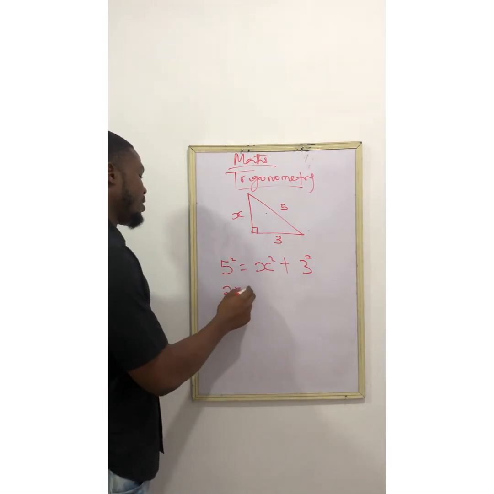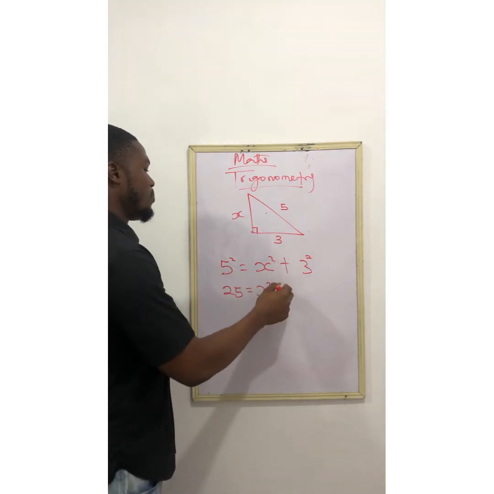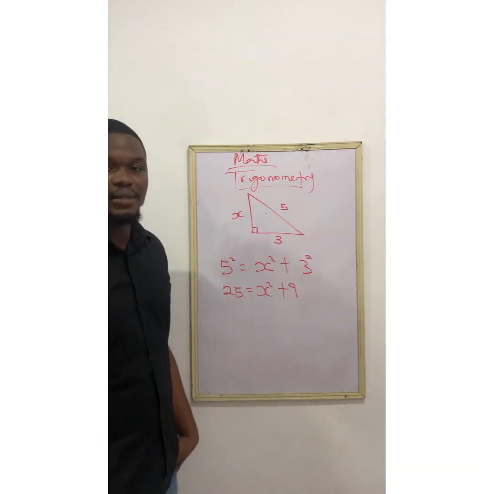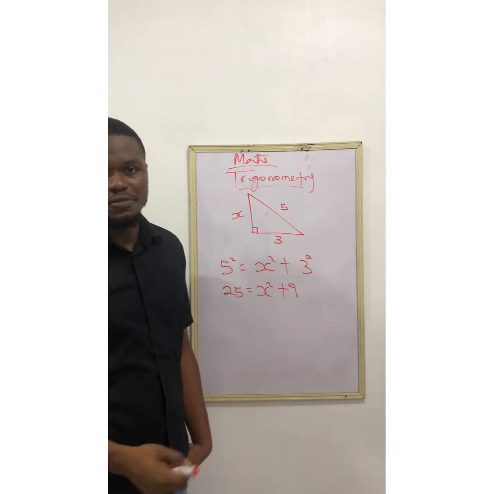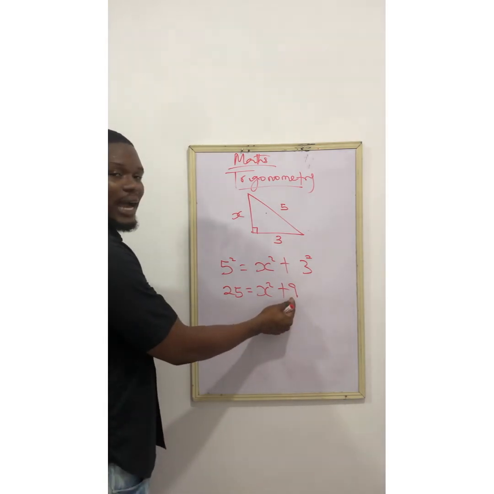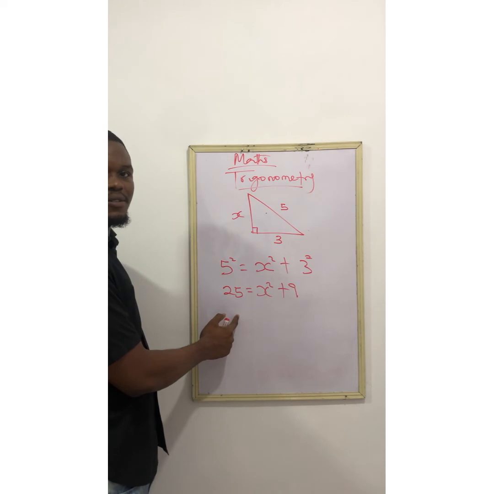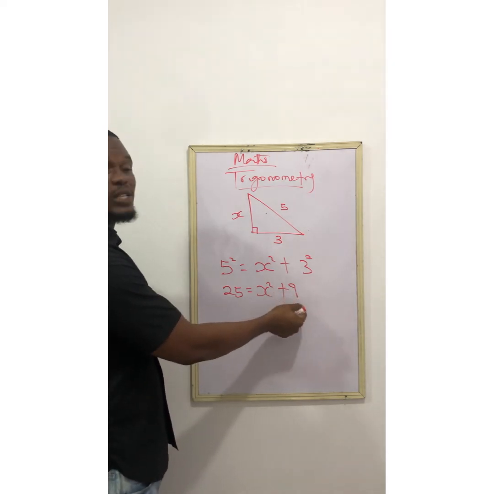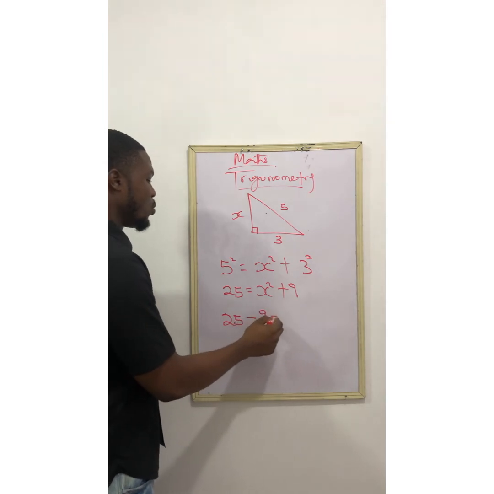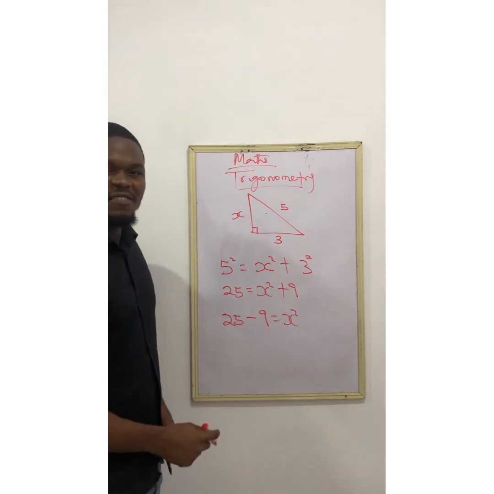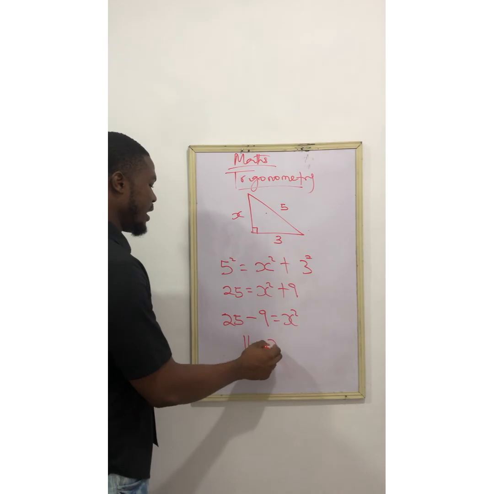That's 25 equals x squared plus 9. 3 squared is 9. So we're going to make sure that x squared is alone as the subject of the formula, and that will mean moving plus 9 to this side, and it becomes a negative value. The plus 9 will change to minus 9. So you have 25 minus 9 equals x squared. 25 minus 9 will give you 16 equals x squared.